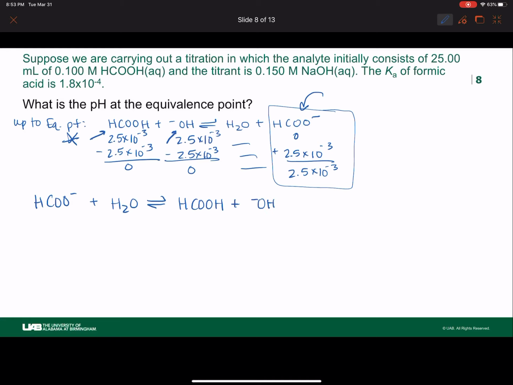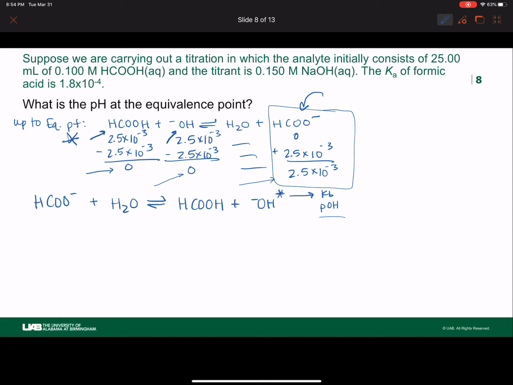Now, conjugate bases will act as bases, so we're going to make an OH minus, which implies that we need a Kb, and then once we use that Kb, we're probably looking at pOH instead of pH. So we've got to keep these things in mind because we'll probably have a little bit of extra work. Now again, we've used up all of the weak acid. There's no strong base left, and we're left with nothing but conjugate base.